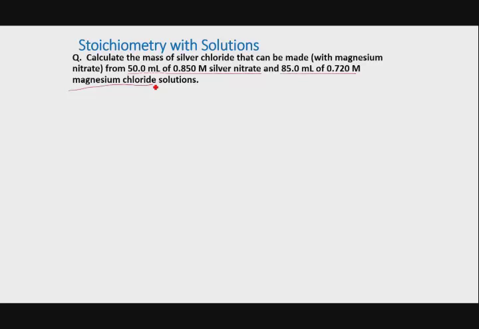When silver nitrate solution mixes with magnesium chloride solution, there will be a chemical reaction, a chemical interaction between the two substances. So this is not a dilution problem. In other words, M1V1 equals M2V2 does not work here. That is only specifically for dilution cases, which is a physical process.